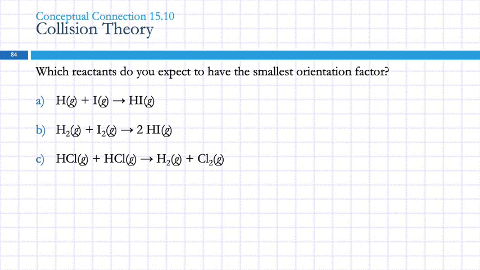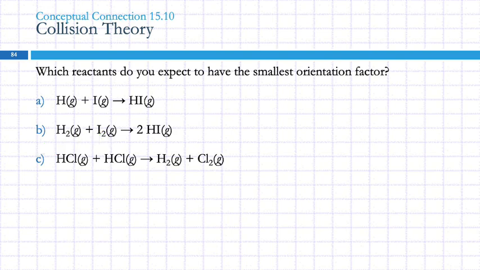Okay, so smallest orientation factor, we're looking for the most complicated. Which of these is the most complicated? It's C. This is 2 atoms. That orientation factor is going to be close to 1. Here we have an H2 and an I2.